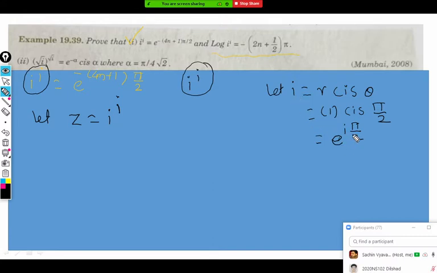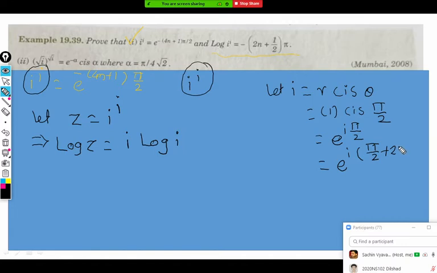That we are going to use. So here first I will take log. We are taking capital Log of iota. We require the value of capital Log of iota, but this is actually the principal value. So in general it is e raised to i, pi by 2 plus 2k pi, or 2n pi, whatever you want, you can write it. It is not necessary that you write the answer in terms of n only or k only.